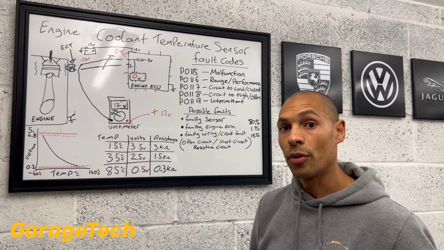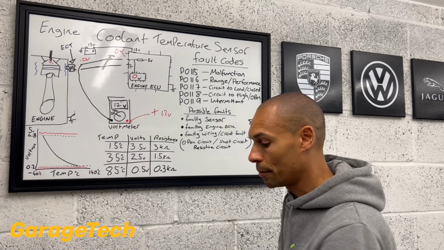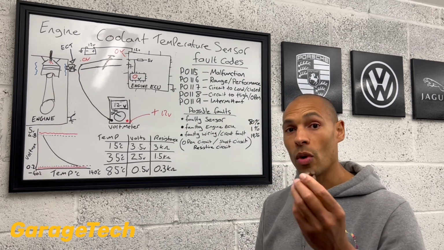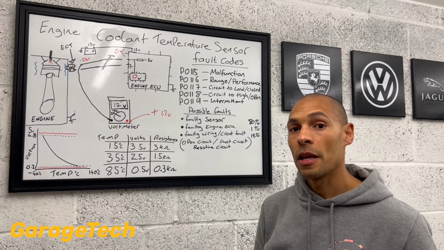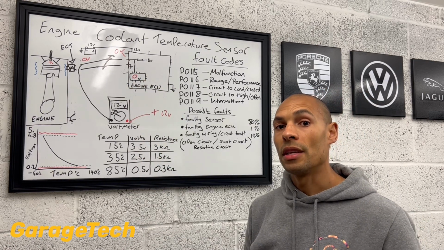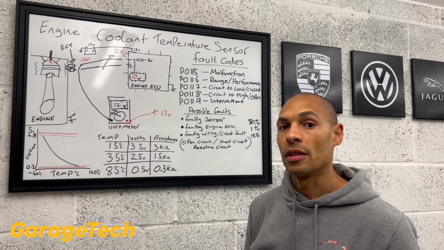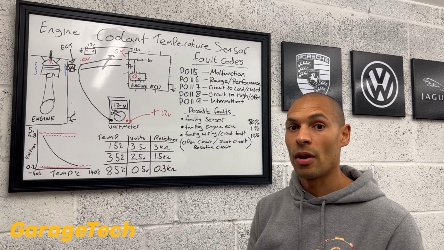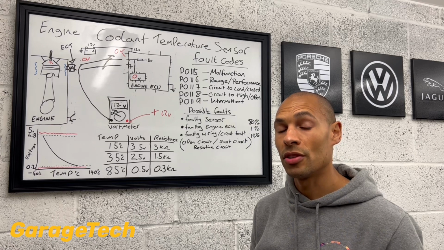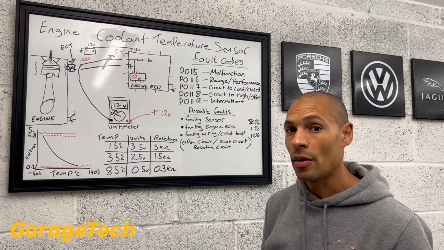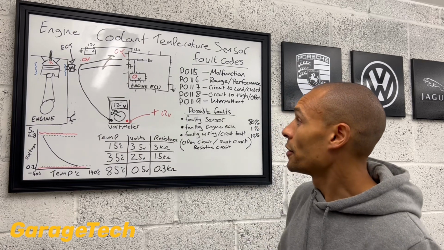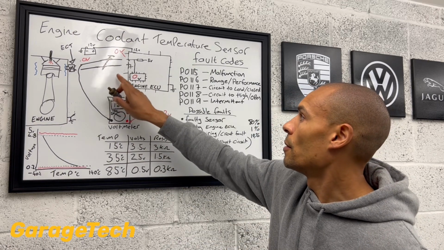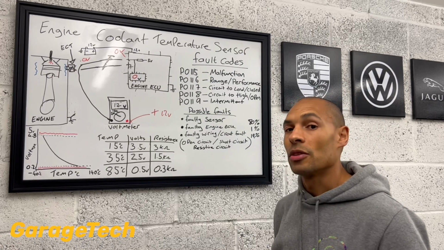As I've mentioned before, the engine coolant temperature sensor and the way that it works, the voltage divider circuit, is commonly used for most of the other temperature sensors on the vehicle. So as I said before, whether that's another coolant temperature sensor, because you might have multiple, or engine temperature sensors, ambient air temperatures, oil temperature, etc. So the same philosophy and diagnostic techniques will be exactly the same.